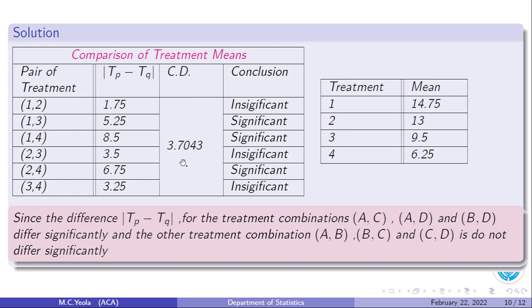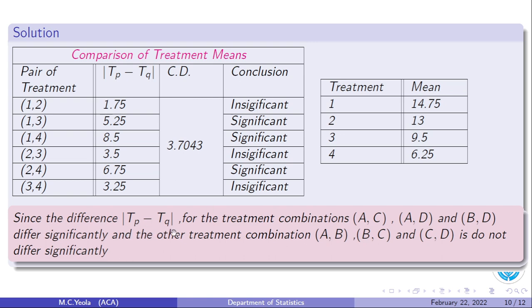So we compare these differences with this value. If the absolute value of the difference is larger than the CD, then it is significant, otherwise not. So this is less than this one, so insignificant; here greater than, so significant; greater than, significant; less than, so insignificant. This is greater than, significant, and this is less than, so it is insignificant. Which pairs we are getting, we will write after this.